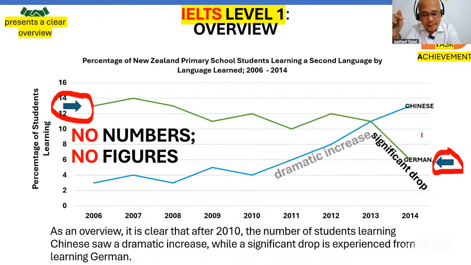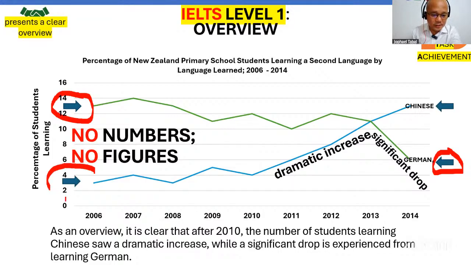On the other hand, those primary school students in New Zealand learning Chinese as their second language show a dramatic increase. To identify an increase, we can check the starting point and the ending point.